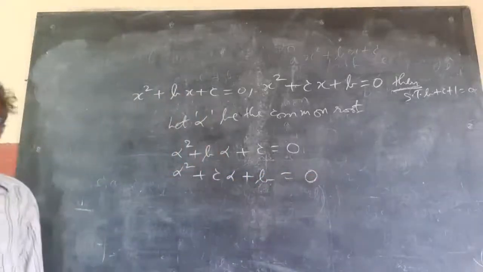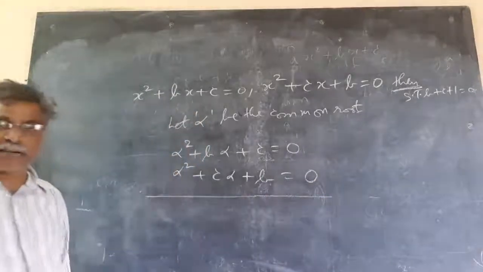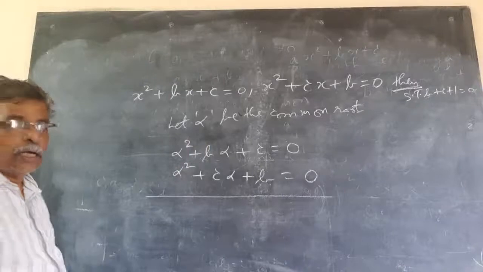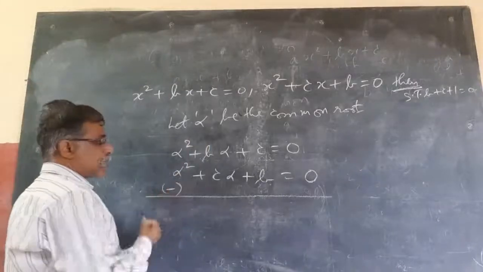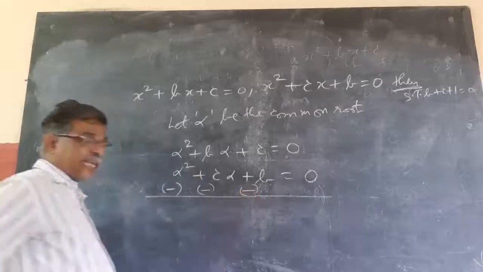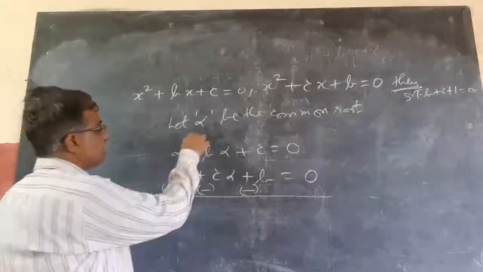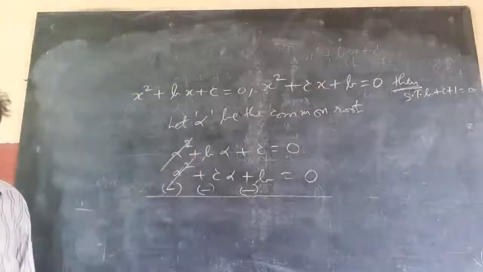Now I can go for the elimination method and eliminate alpha square, instead of going for the cross multiplication method or remembering the result condition. This minus this: alpha square minus alpha square simply cancels.